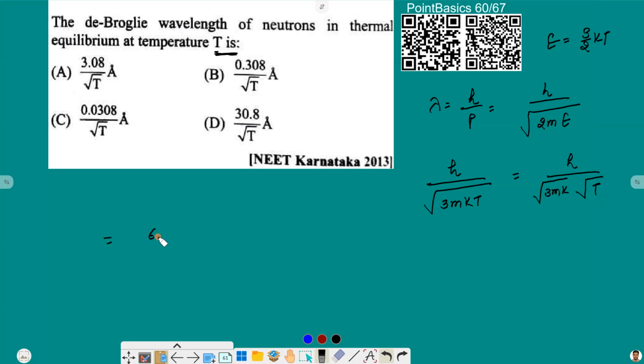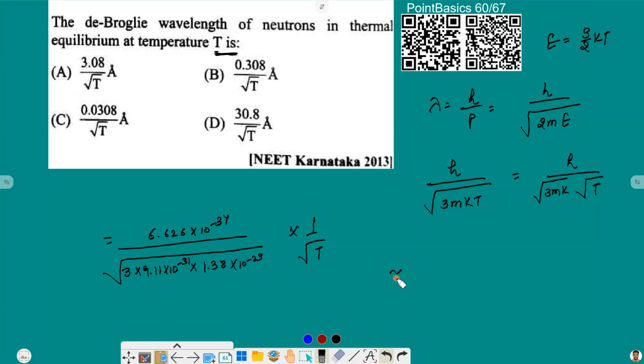Now the value of h is 6.626 into 10 raised to the power minus 34 divided by under root 3, mass of electron 9.11 into 10 raised to the power minus 31, into k, where k is the Boltzmann constant, so that is 1.38 into 10 raised to the power minus 23, and into 1 by under root T. Now after solving this, what will we get?